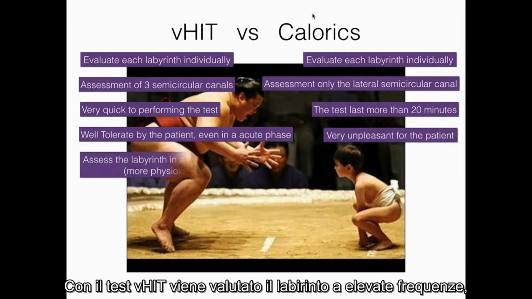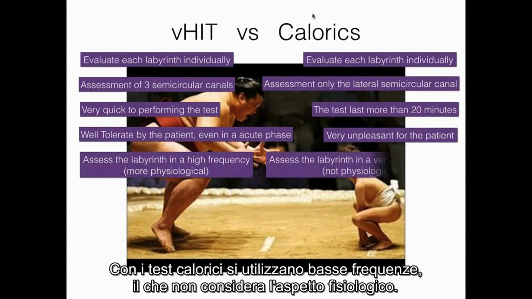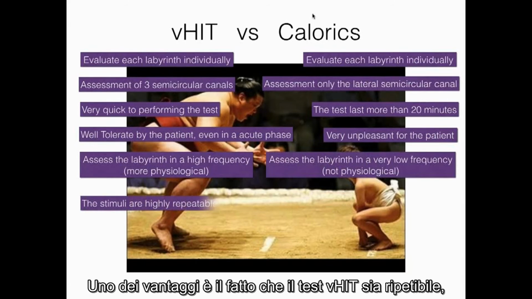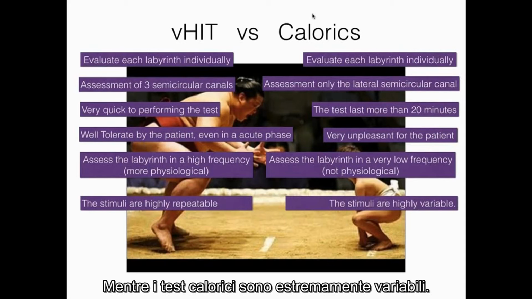With the vHIT, you assess the labyrinth at high frequencies, which is a much more physiological way to assess the vestibular function. In the caloric test, you test at a very, very low frequency, which is not physiological. One of the advantages is also that the vHIT is highly repeatable, while calorics is extremely variable.